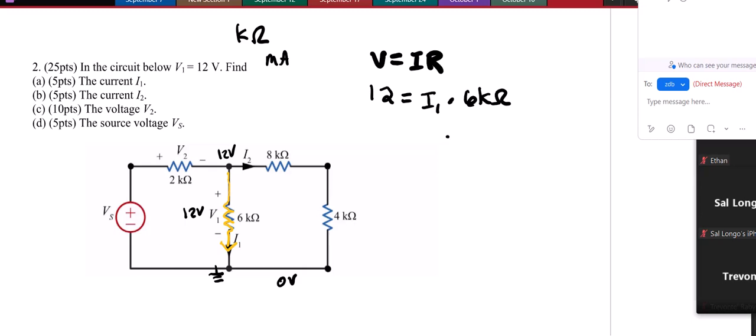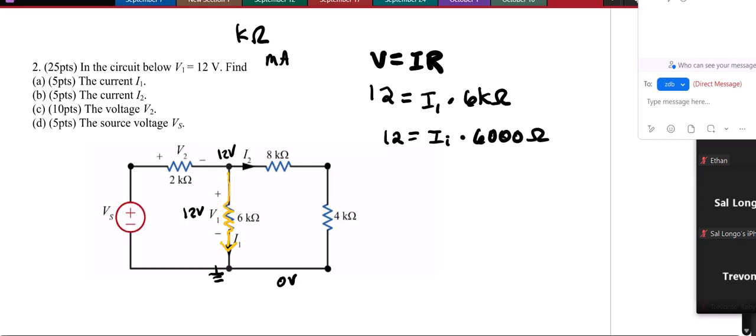You could change this to 12 equals I1 times 6,000 ohms. But if you leave ohms in kilo ohms, then amps will be in milliamps. You do have to change them out of kilo when you're dealing with power, though, because then you would actually need to use the 6,000 ohms.